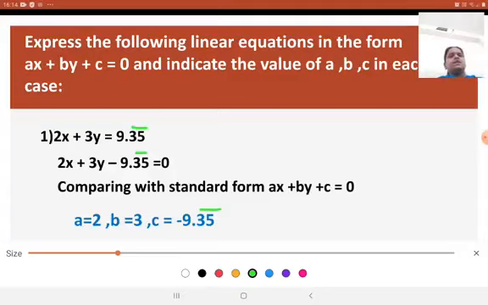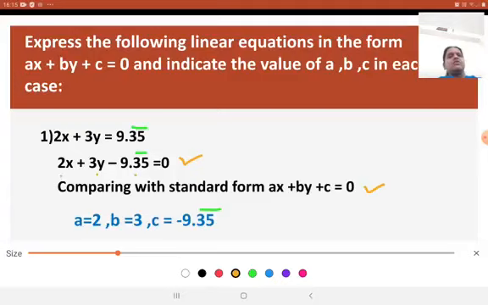Yes. So we will write it in the standard form. We will shift the c value to the left-hand side. So what will you get here? That is 2x plus 3y minus 9.35 bar is equal to 0. Now we will compare this equation with the standard form of the equation, that is ax plus by plus c equal to 0, and we will write the values of a, b and c.